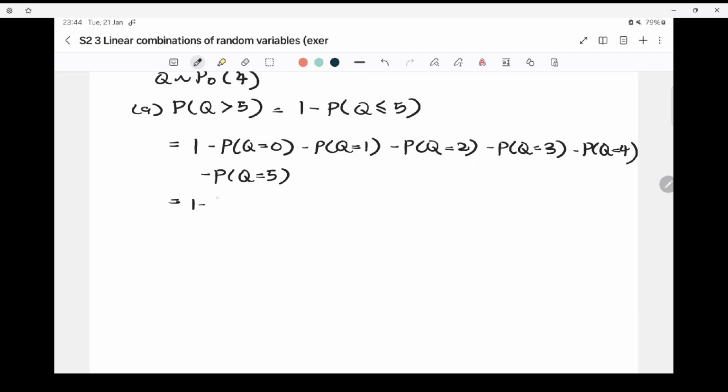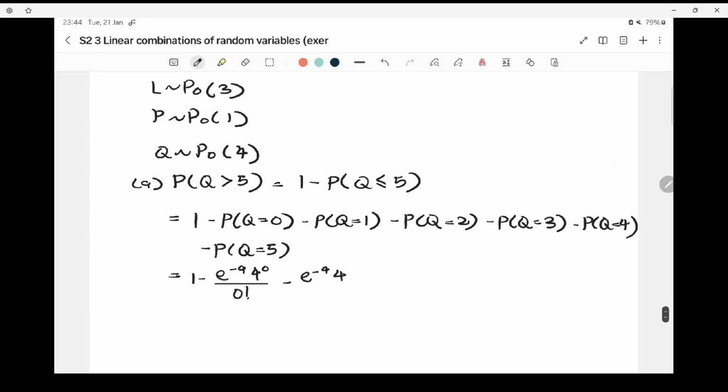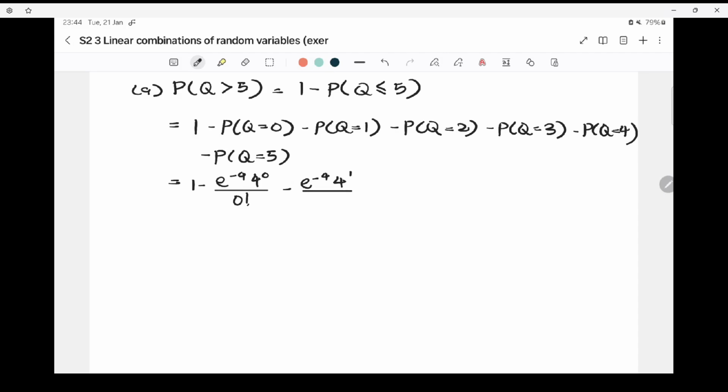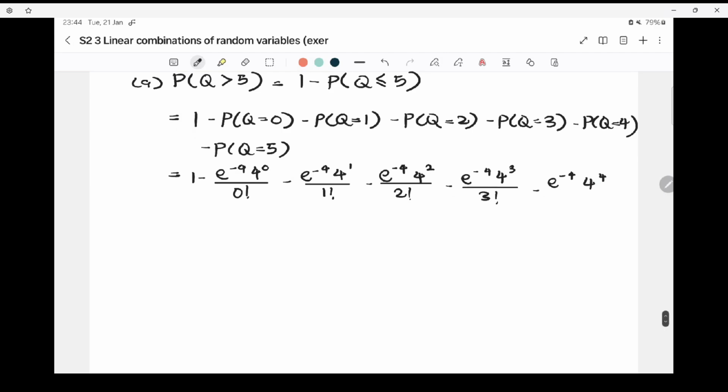So you have 1 minus e to the power minus 4, 4 to the power 0, over 0 factorial, plus e to the power minus 4, 4 to the power 1, over 1 factorial, plus e to the power minus 4, 4 to the power 2, over 2 factorial, plus e to the power minus 4, 4 to the power 3, over 3 factorial, plus e to the power minus 4, 4 to the power 4, over 4 factorial, and finally e to the power minus 4, 4 to the power 5, over 5 factorial.